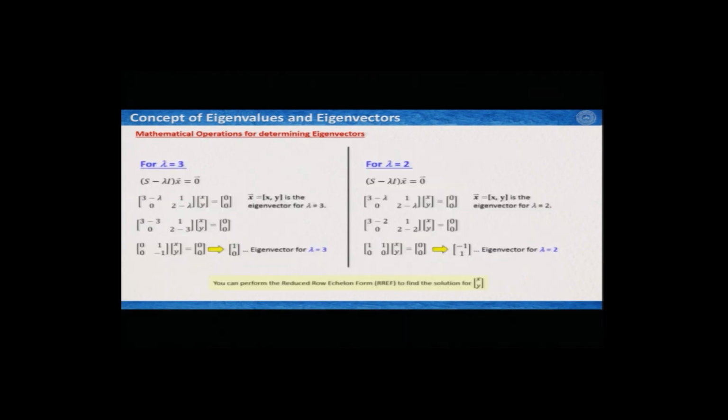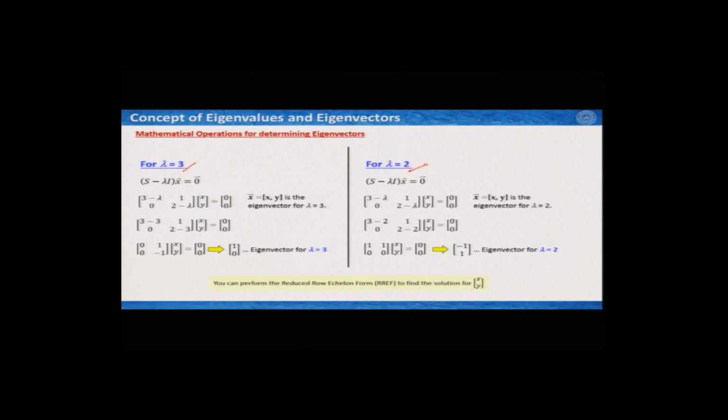This is your quadratic equation for 2 dimensions, and the roots of this equation in lambda would be your eigenvalues for the particular matrix you are dealing with. So now we know the eigenvalues: one eigenvalue we found was 3 and another was 2.